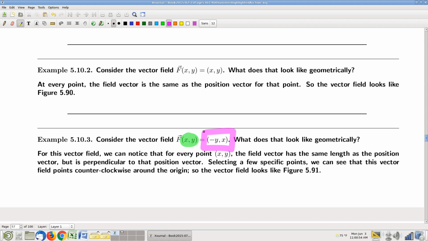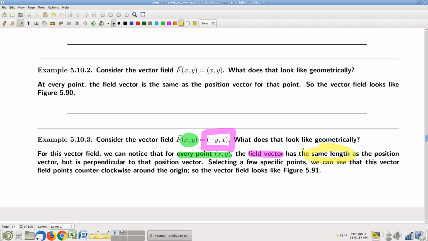Right? There is a nice trick to observe here, and that is notice that for every point x, y, the field vector negative y, x has the same magnitude. You can see it right here. The input point has magnitude square root of x squared plus y squared.